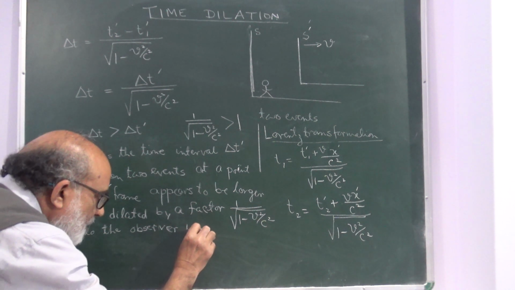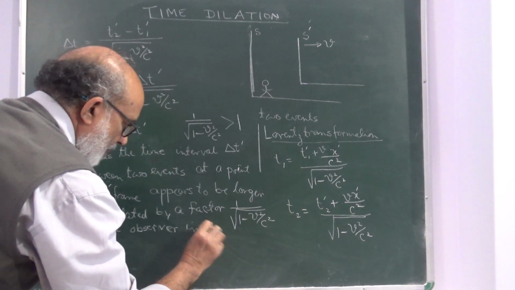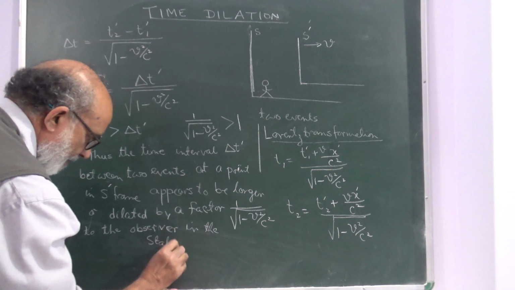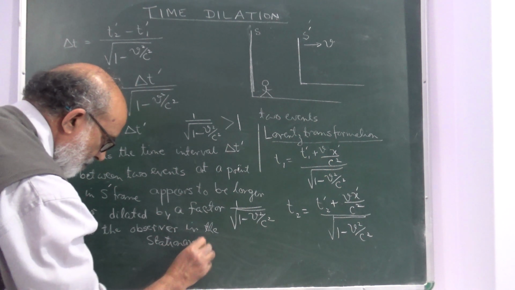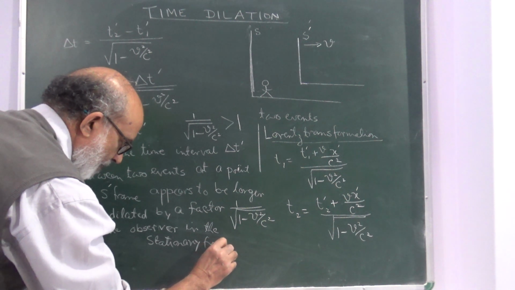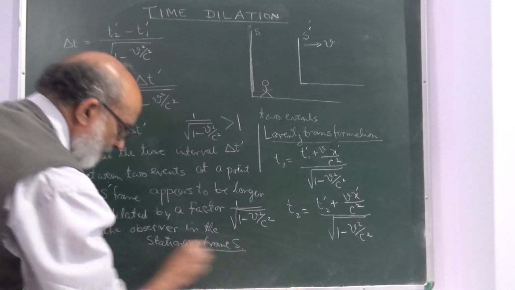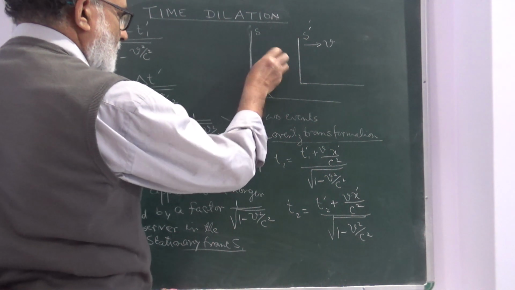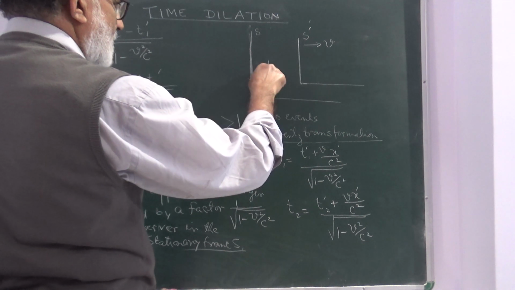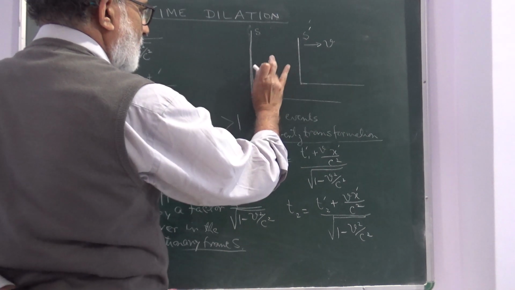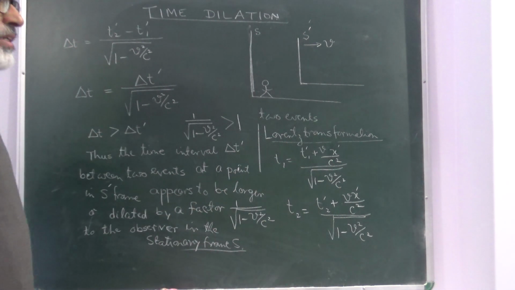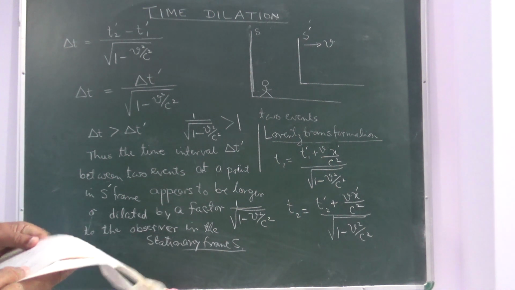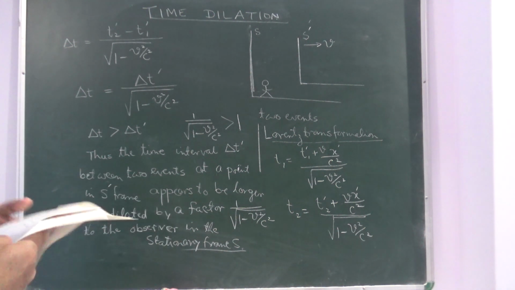In the stationary frame, if the time is say 1 second, then the time that the same event will be measured in this frame will be a lot longer than 1. So these are two consequences. There is one more consequence of that, and that is called simultaneity.